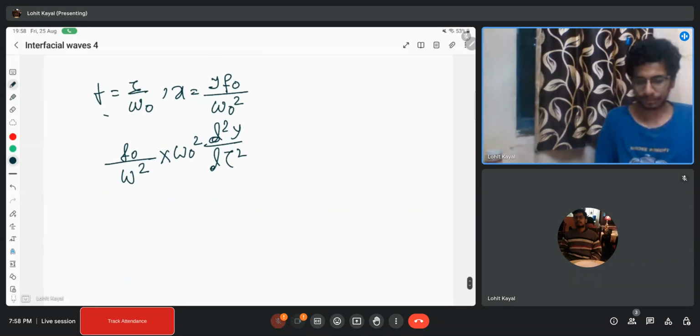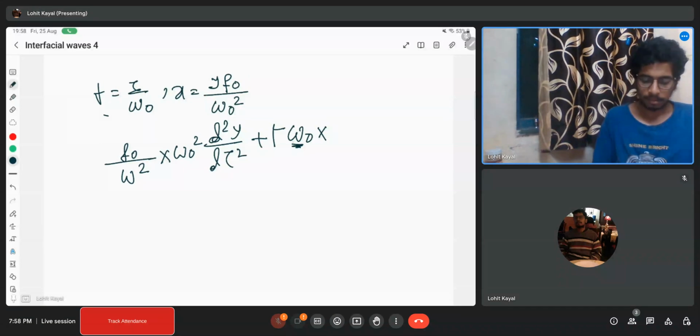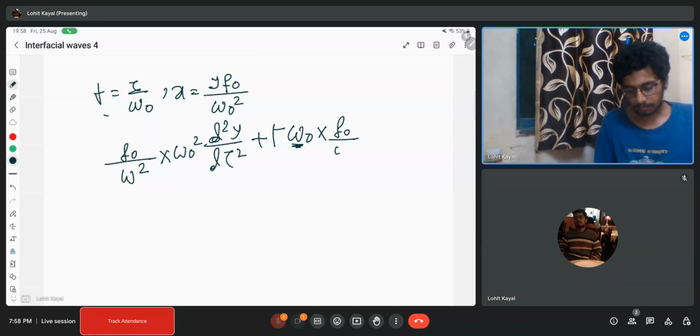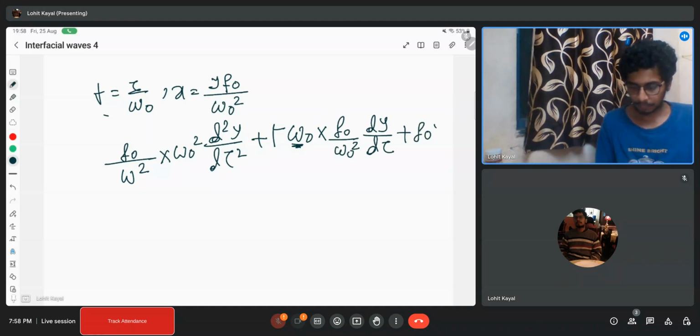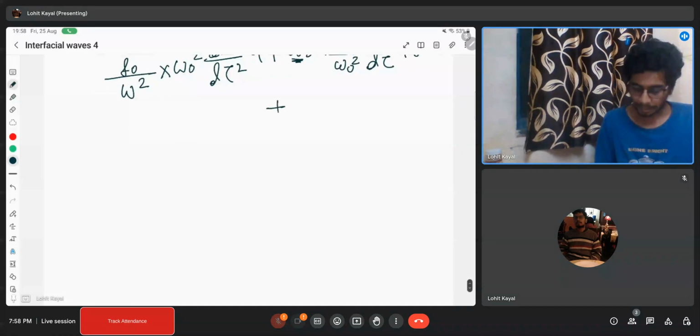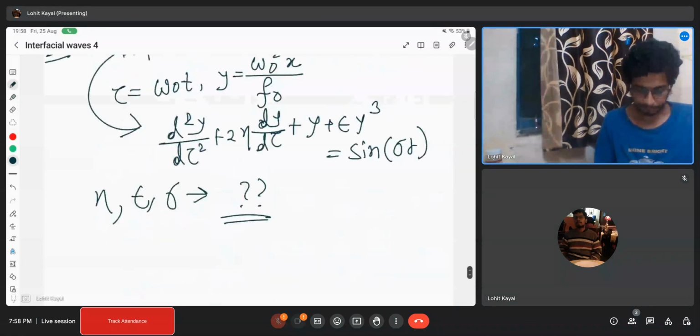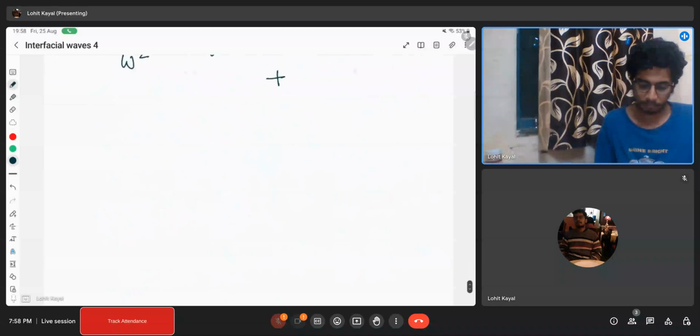That is the d2x dt square plus gamma omega naught, where this omega naught is coming from this t because this is in the denominator, so 1 by dt. So omega naught will go to the numerator, into f naught by omega naught square dy d tau, plus x, that will be f naught y, plus epsilon into y cube.